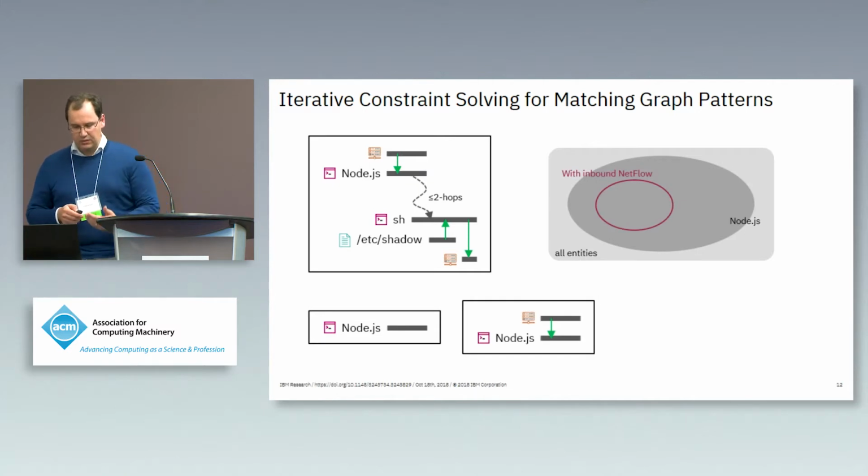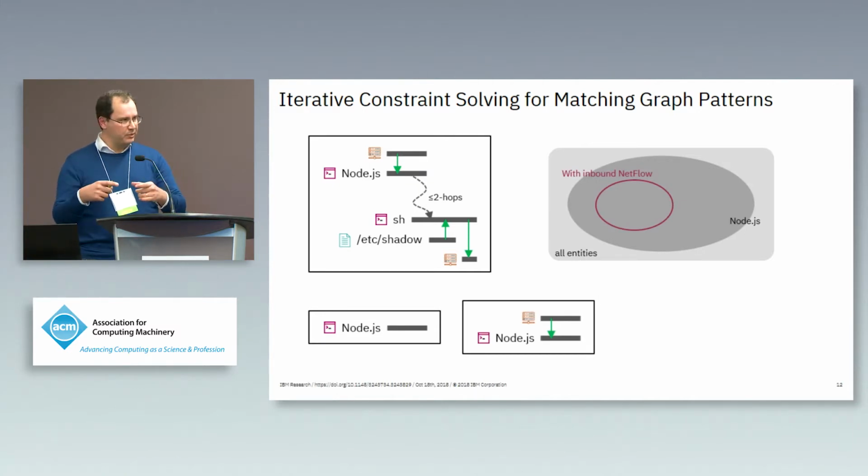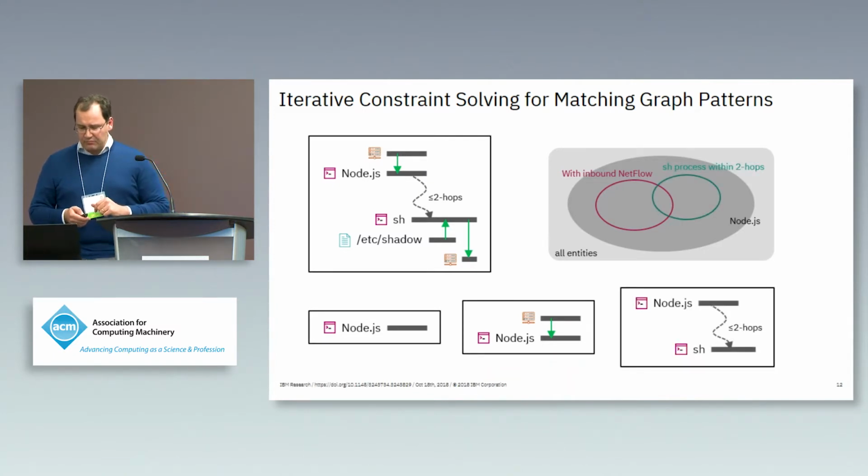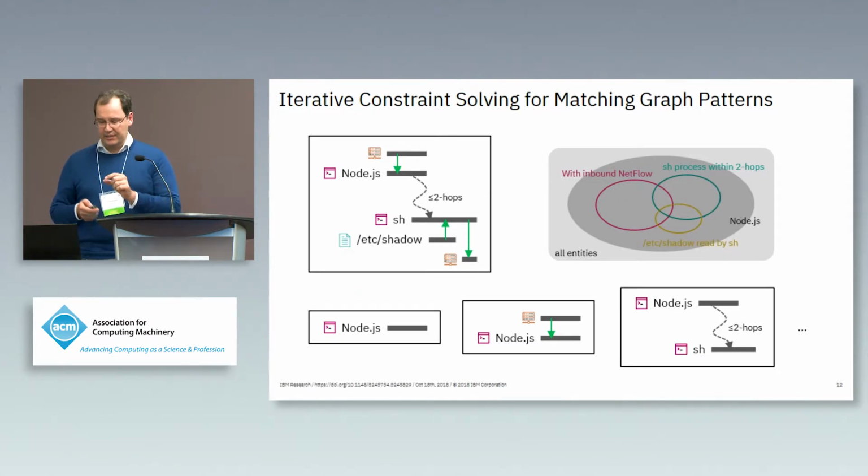Then we solve the second constraint, and now we constrain the space. So we have to go back and see, in all the entities that match the first constraint, which ones have the inbound connection from the remote host, and we do that recursively, successively, until you get to that satisfiable subset that satisfies that pattern.